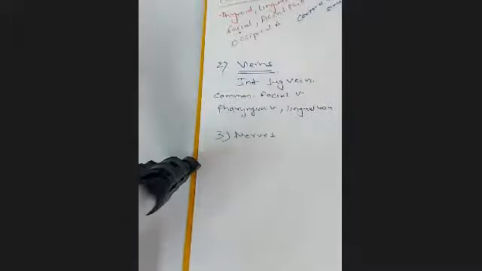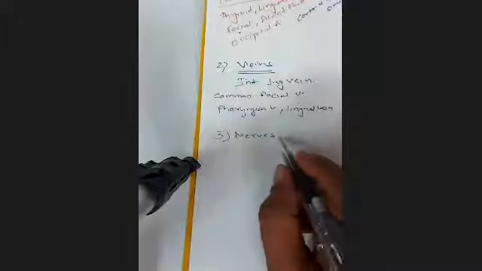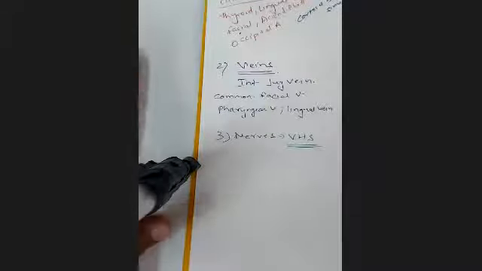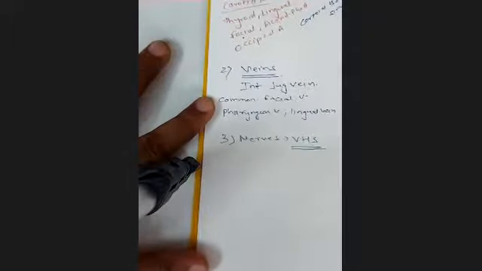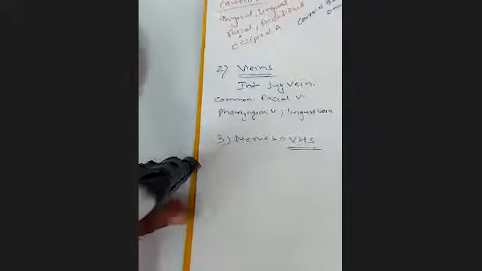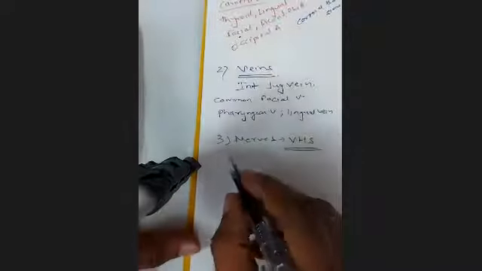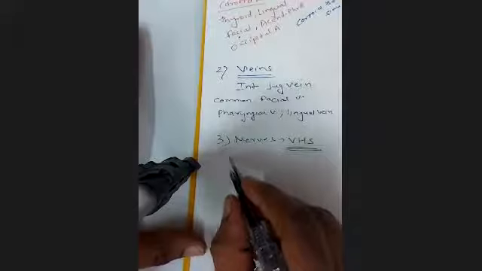Now the mnemonic for these nerves is VHS. The nerves you will remember as VHS. This mnemonic was designed by Dr. Kishore Kushal. He was the one who told me. Vishwa Hindu Sabha. And why am I talking about Vishwa Hindu Sabha?